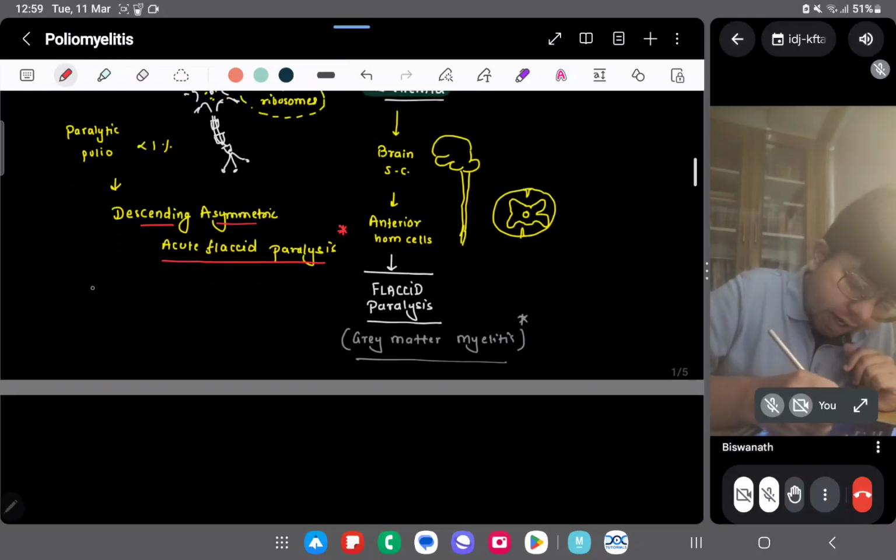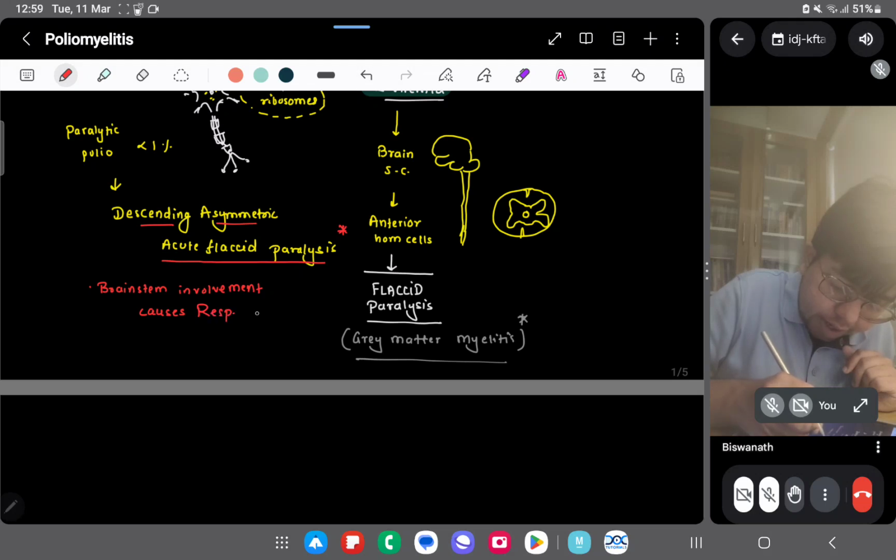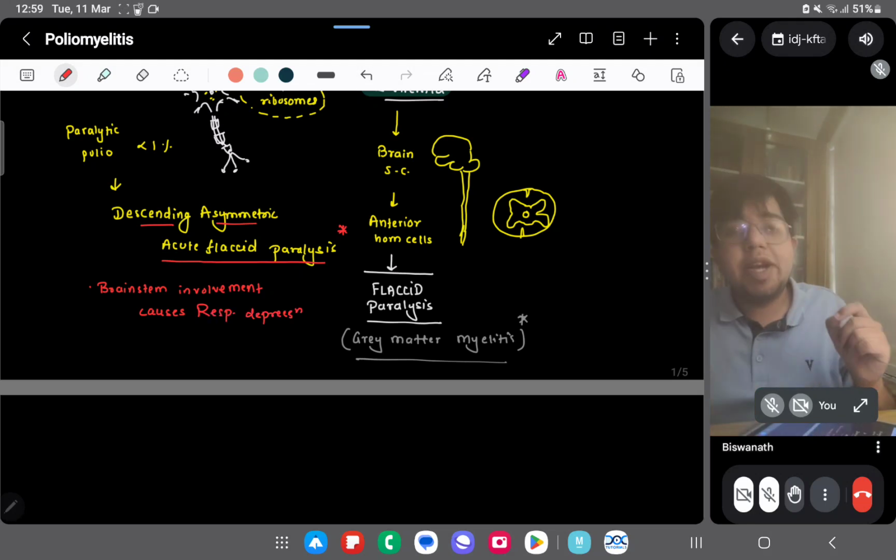And if it involves the brainstem, involvement causes respiratory depression. You all know that the respiratory centers are in the medulla and the pons area.